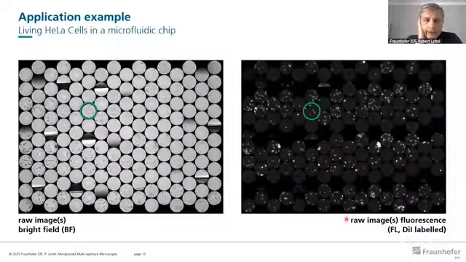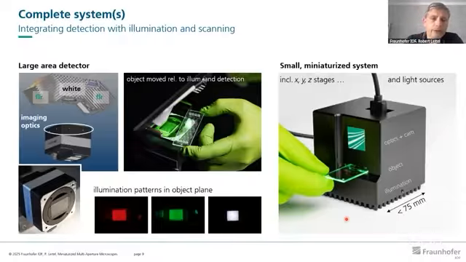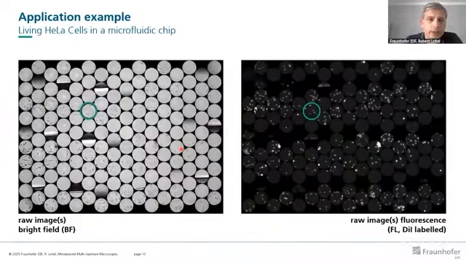So, with this system, we received this information here. We have an array of optical channels, each giving the information from a certain field of view. And by stitching together, I would say it's quite dark.